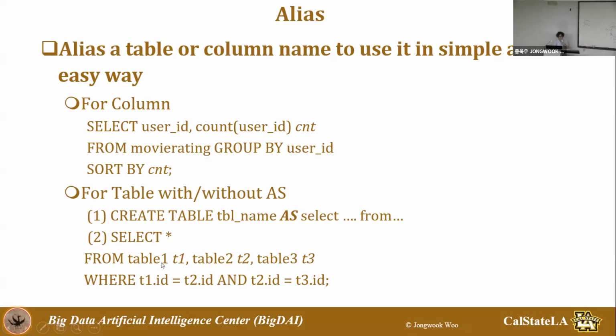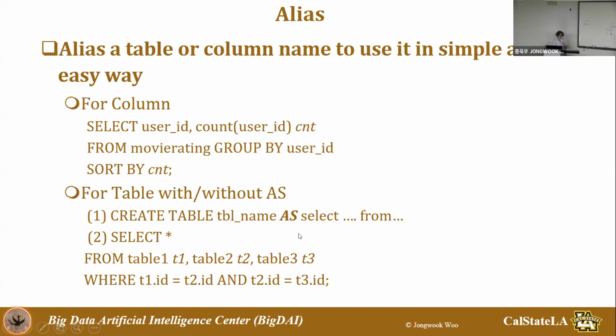And also, if you have multiple tables and you want to join them, there is no JOIN here, but even using a comma, you can represent them as a join without putting JOIN as an operator. So you can join these three tables, but when you do that, since you need to call the condition to find out the equal column, for table 1 you can simply alias it as T1, table 2 alias it as T2, etc. And then you can call it like T1.id equals T2.id, and T2.id equals T3.id.